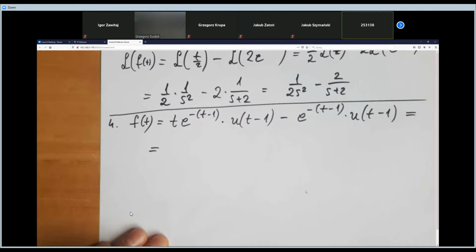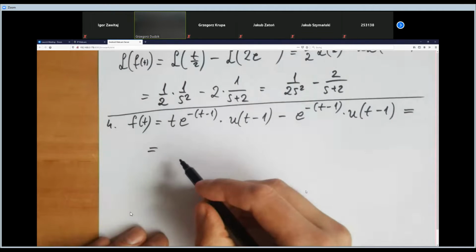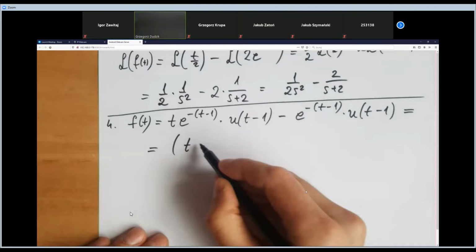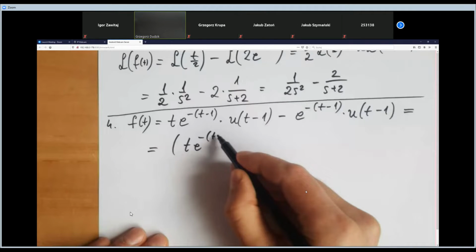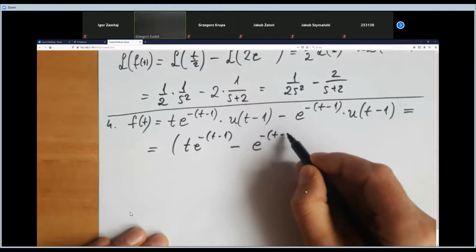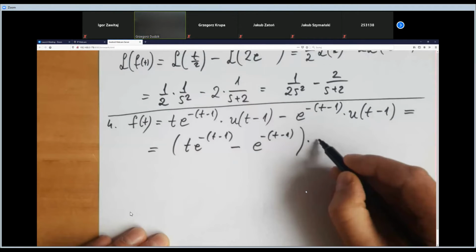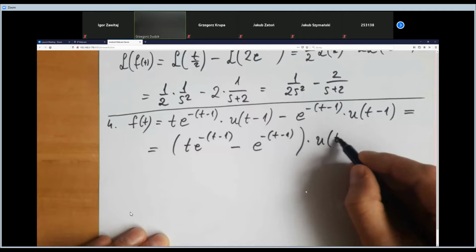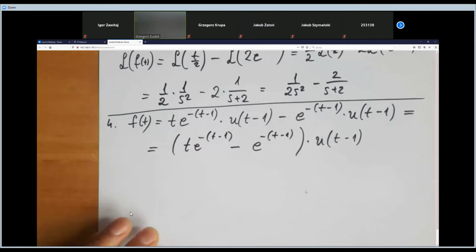Factor out the unity function u(t minus 1). Yeah, great idea. So it will be t e to the minus (t minus 1) minus e to the minus (t minus 1) times the unity function shifted by 1. That's right. Yes, great.